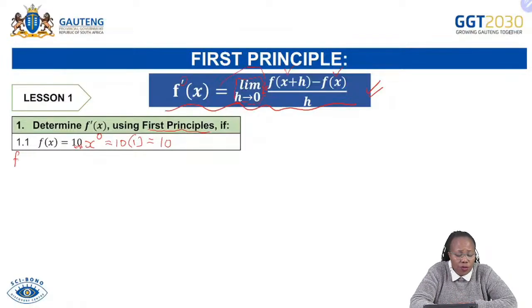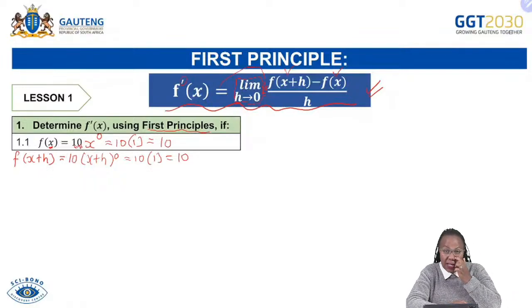So if you try to look at f at x plus h of this, let's see now what is happening. Because when we have x now, we are going to substitute x plus h. This is 10 into x plus h, but remember the whole thing is to the power 0. Any number to the power 0 is equal to 1. This is still giving us the 10. So your f at x is exactly the same as your f at x plus h.